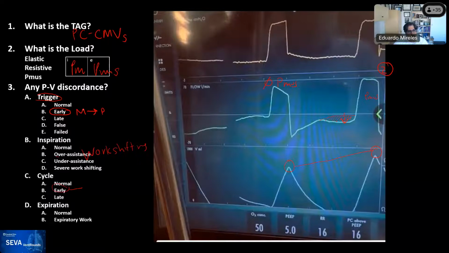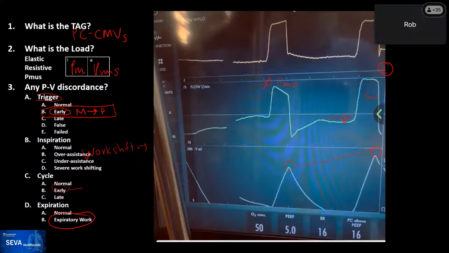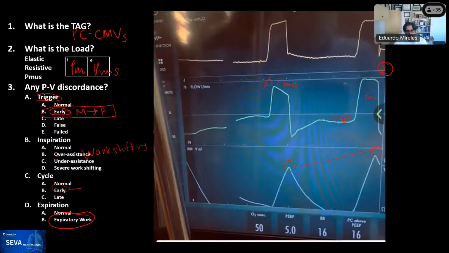But the one that you call and the one that you have to treat is this one over here, if this was the only pattern. But I want you to just recognize that this is an early trigger, and we recognize the presence of expiratory work, as you all did. Comments, Rob, on this one? Oh, it looks good. All righty. So now you have recognized very nicely expiratory work and an early trigger.